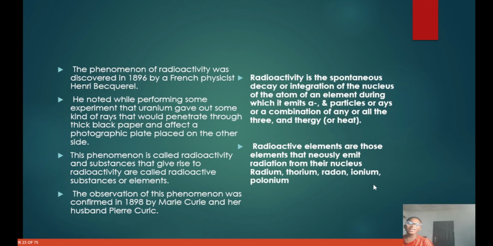So radioactive elements are those elements that emit radiation from their nucleus, such as radium, thorium, radon, ionium, or polonium. So those are radioactive elements. The phenomenon is called radioactivity: the spontaneous decay of the nucleus of the atom of an element, during which it emits either alpha, beta, or gamma rays.